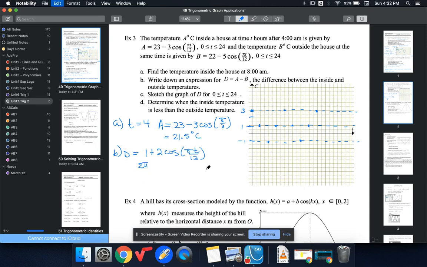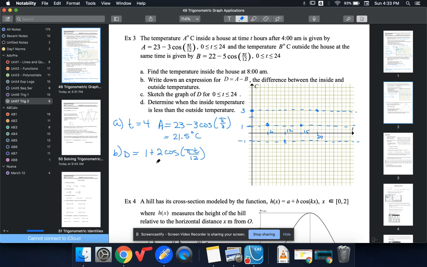So I'm actually going to take all this out. All right, so middle, bottom, middle, top. All right, so this is going to be my 24 hours. Half a period is going to be 12 hours. So that'll be 6, and this will be 15.